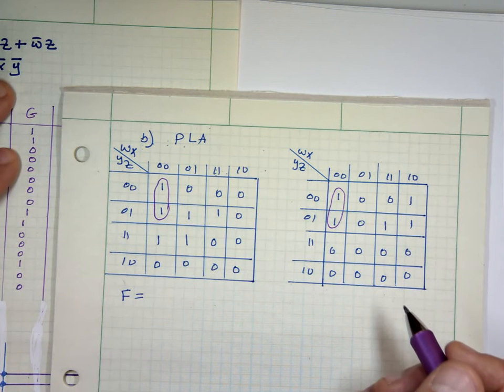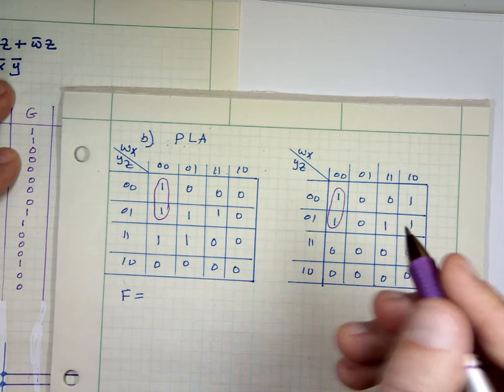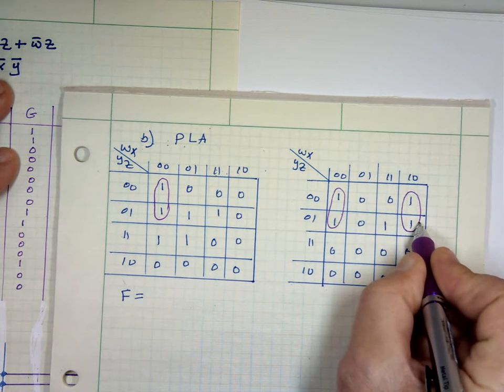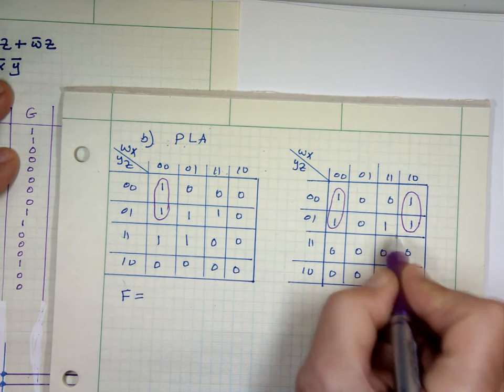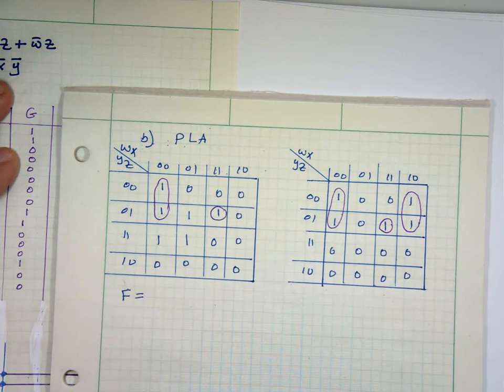Okay. I got it. I see this one. That's two of them. I see this one. And there's the 4.